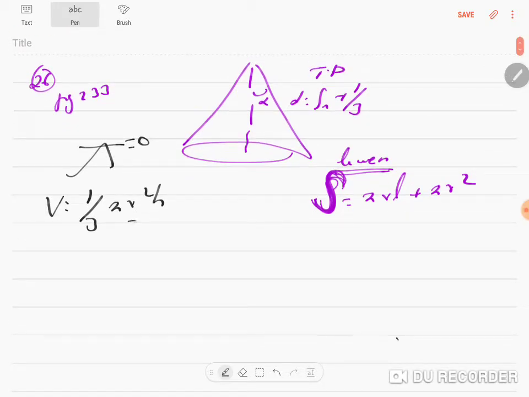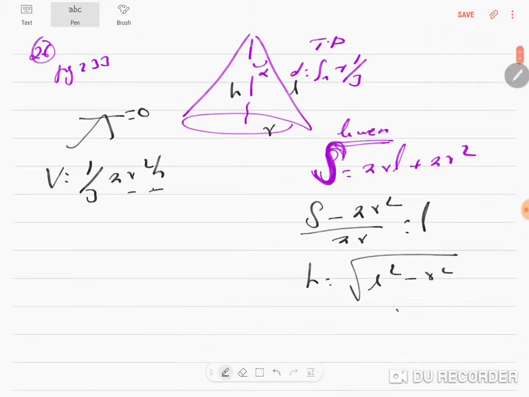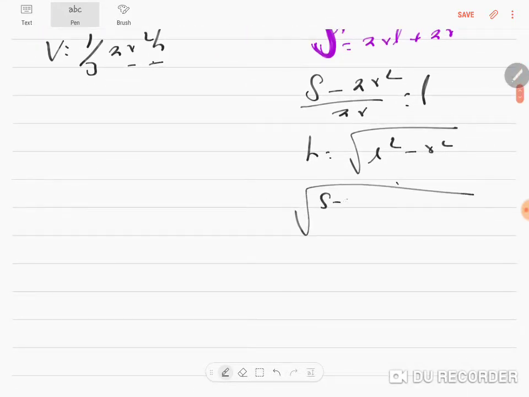So how can you differentiate when you have r and h? So write h in terms of r. How do you write that? S minus pi r square by pi r is L, and h can be written as root of L square minus r square. So it's root of (S minus pi r square) the whole square by pi square r square, minus r square.